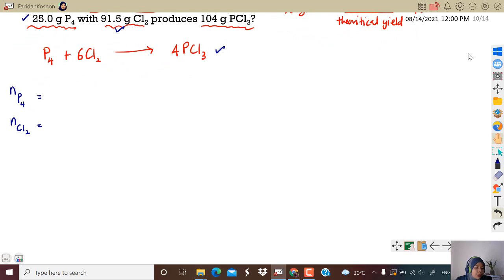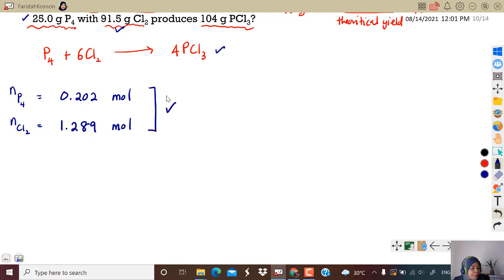Jadi awak semak sahaja berapa mol sepatutnya, lebih kurang ya. For mole of phosphorus, suppose we have 0.202 mole, lebih kurang. And for mole of chlorine around 1.289 mole. Okay, so pastikan kedua-dua ini betul ataupun menghampiri lah.